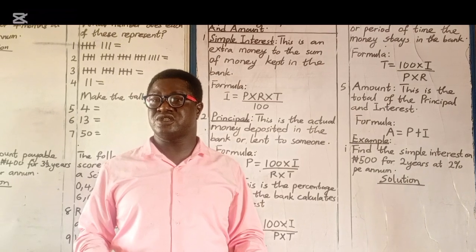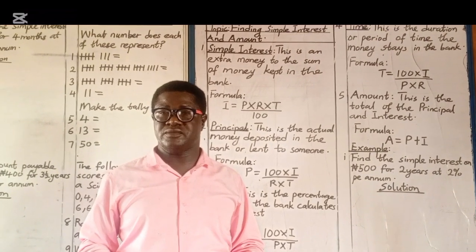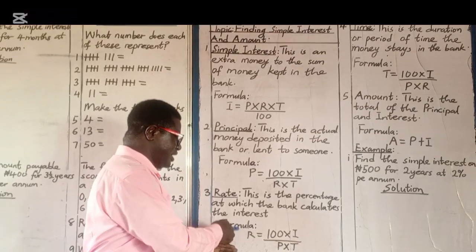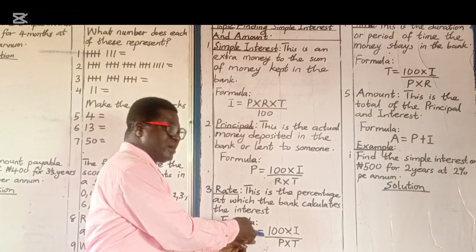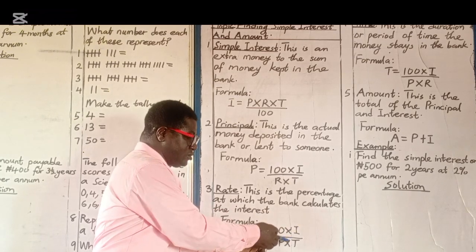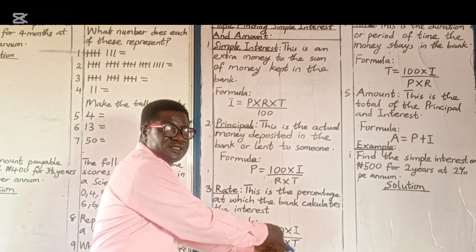So they are not the same. Now, here is the formula. The formula says rate equals 100 times interest divided by principal times time.